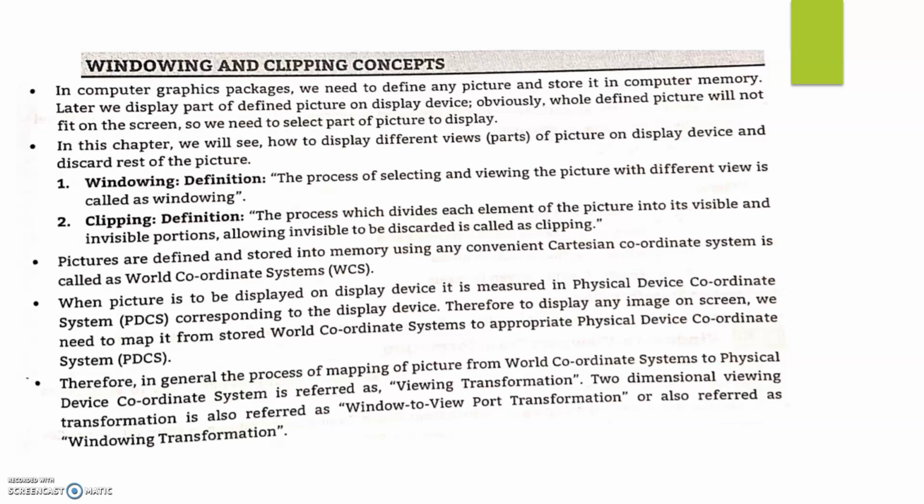Therefore, to display any image on screen, we need to map it from the stored world coordinate system to the physical device coordinate system. This process of mapping a picture from the world coordinate system to the physical coordinate system is referred to as viewing transformation.